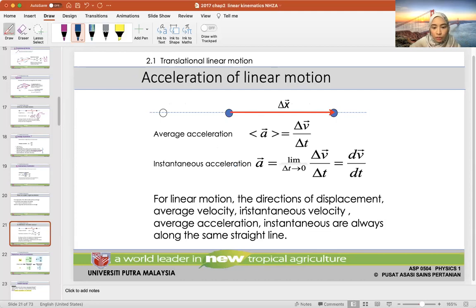For linear motion, as I told you just now, displacement and distance are equal. Also for linear motion, the directions of displacement, average velocity, instantaneous velocity, average acceleration and instantaneous acceleration are always along the same straight line. So linear motion is very easy.